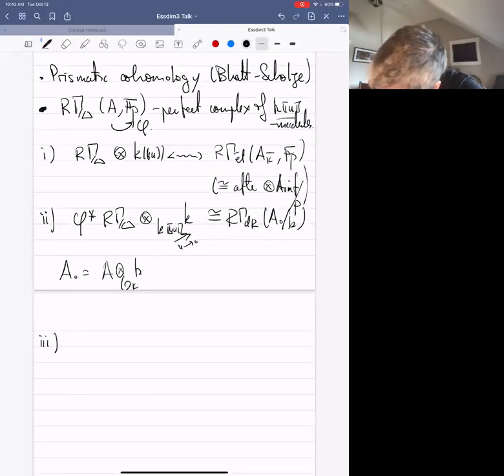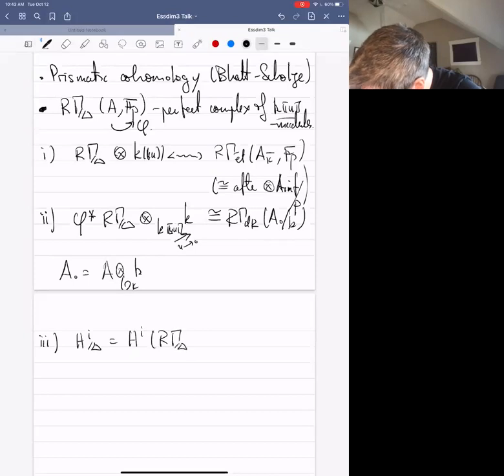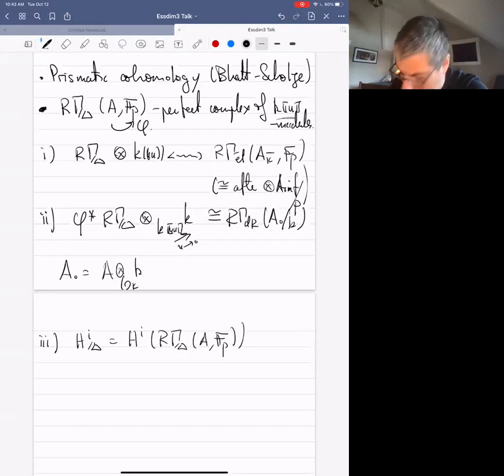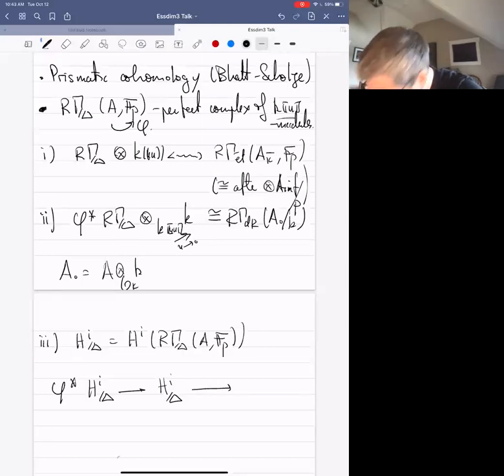That if I take now the cohomology of this, then, well, I know there's a Frobenius map because the whole complex is equipped with such a thing. Okay. And the statement is that this Frobenius map can almost be inverted.